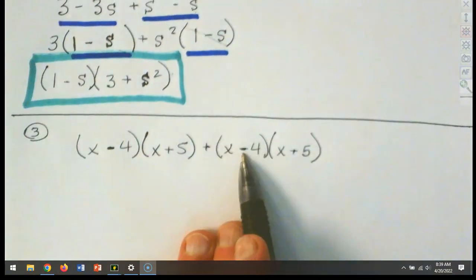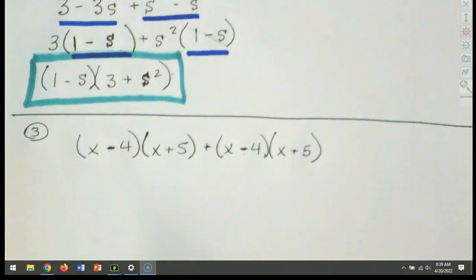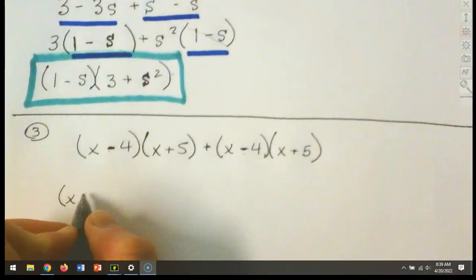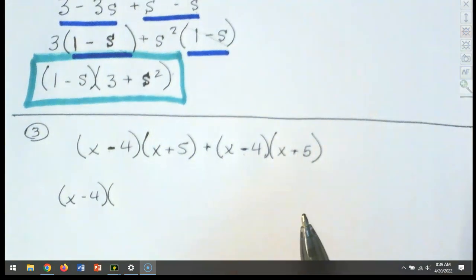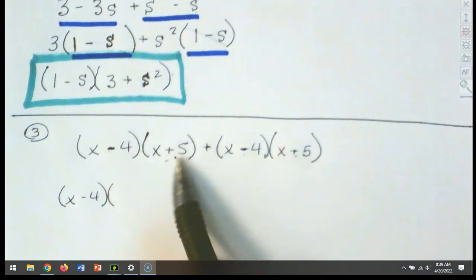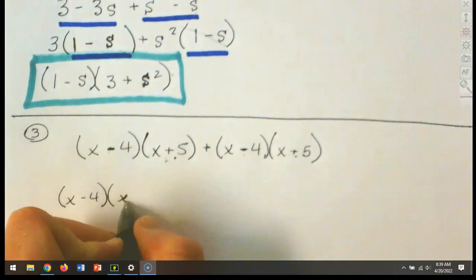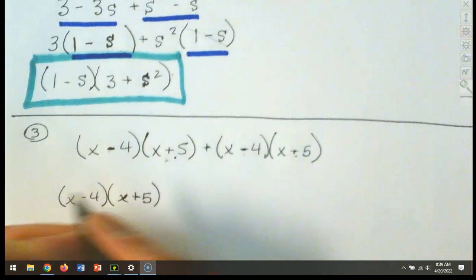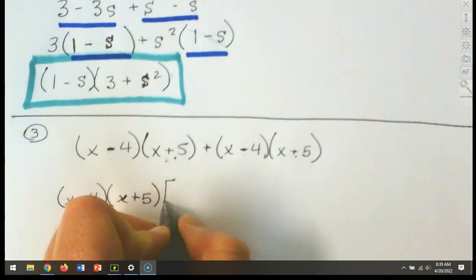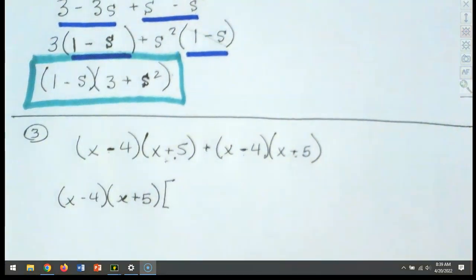Well, they both have an x minus 4. And what else do they have in common? Let's make sure we wrote it all correctly. They also have x plus 5 in common. Now, if it's gone, what do we leave? We leave a 1. Just to make it a little bit easier, I'm going to use square brackets so we don't have so many parentheses.